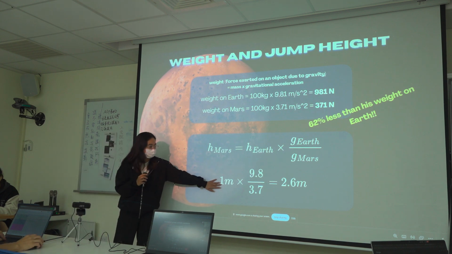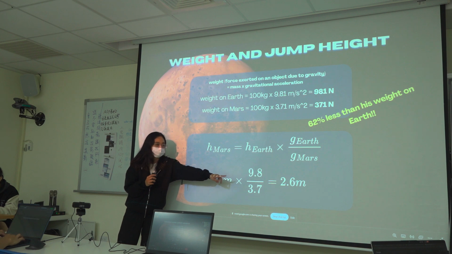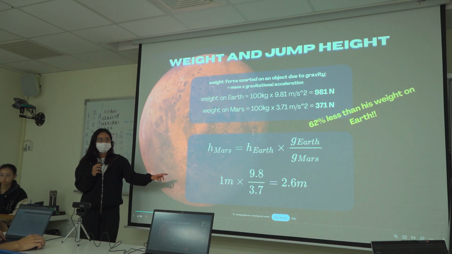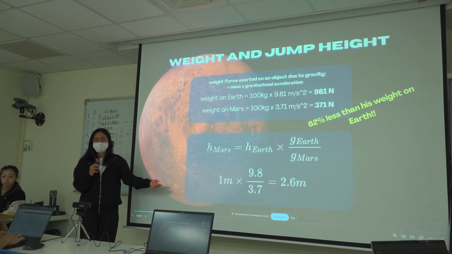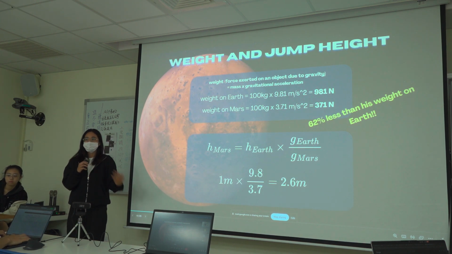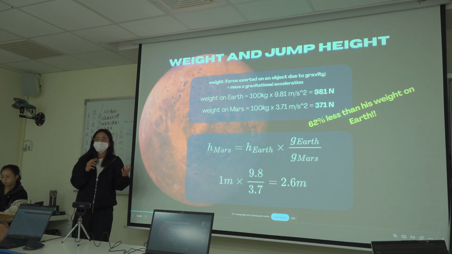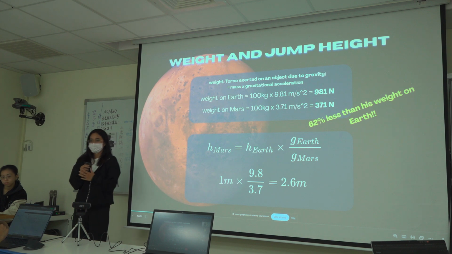This one is his jump height on Earth, and that one is his jump height on Mars, which is twice as high as on Earth. So in conclusion, Watney should be moving faster, and everything should feel much lighter on him. As we can see in the movie, he moves as if he's still on Earth, which is wrong. Thank you.